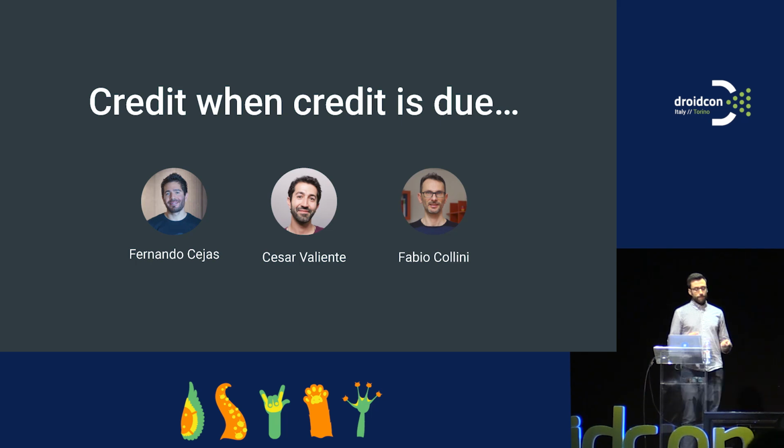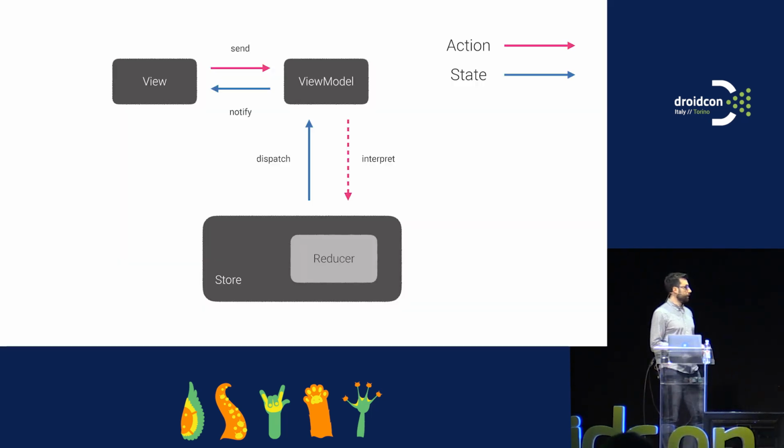In essence, Unidirectional Data Flow is a very simple approach. All you have is a view, which in your case could be an activity or a fragment. The view has an action, which can be something the user is prompting or something that comes from the system, and that action is sent to the view model, whose only job is to interpret that action and call an object called a reducer that will bring you a new state.